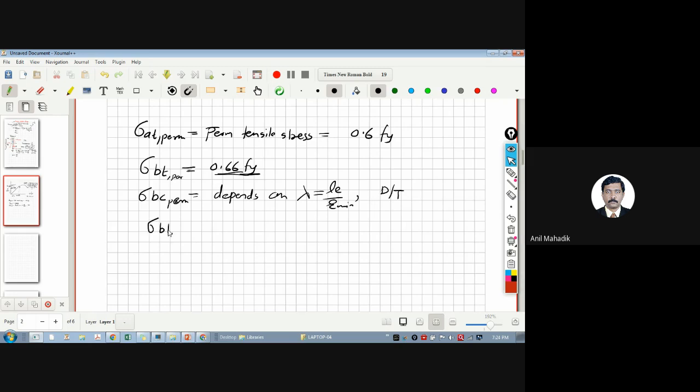Sigma BT is bending stress in tension; this is directly sigma, we have already written it here, so no need to write it. Now there is one more pending, which is sigma AC, permissible compressive stress, axial compressive.